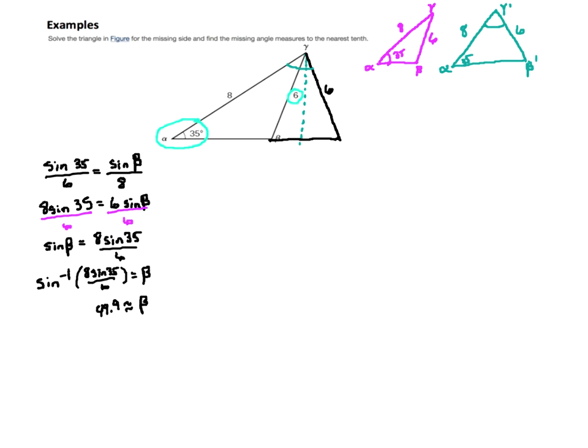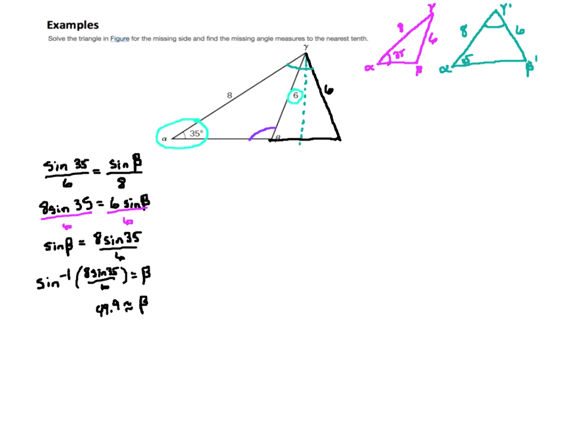Okay, now look. This angle, which is what angle beta is supposed to be, is not an acute angle. And 49.9 degrees is an acute angle.